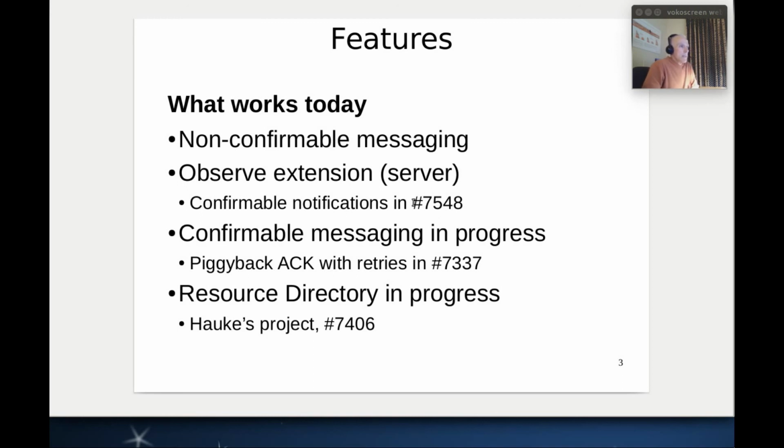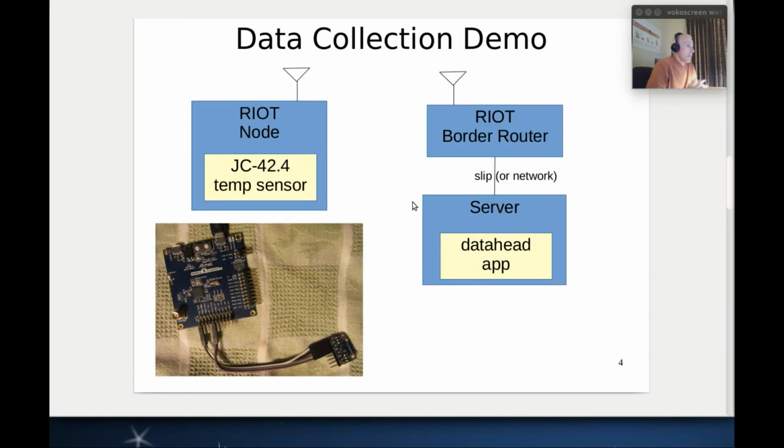So next I'd like to start talking about this data collection demo that I've put together. This includes basically three elements. There's a RIOT node, which is going to be using the observe mechanism to send sensor readings to the server.